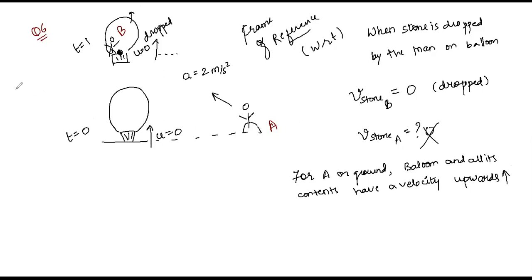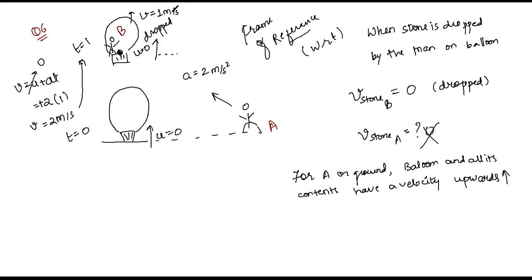So we know that V is equal to U plus AT, right? For the balloon, initial velocity was 0 given in the question. We are being told that the acceleration is 2 upwards, therefore plus 2. Time is 1 second. So in the given picture in the question, here velocity of the balloon upwards is 1 meter per second, right?